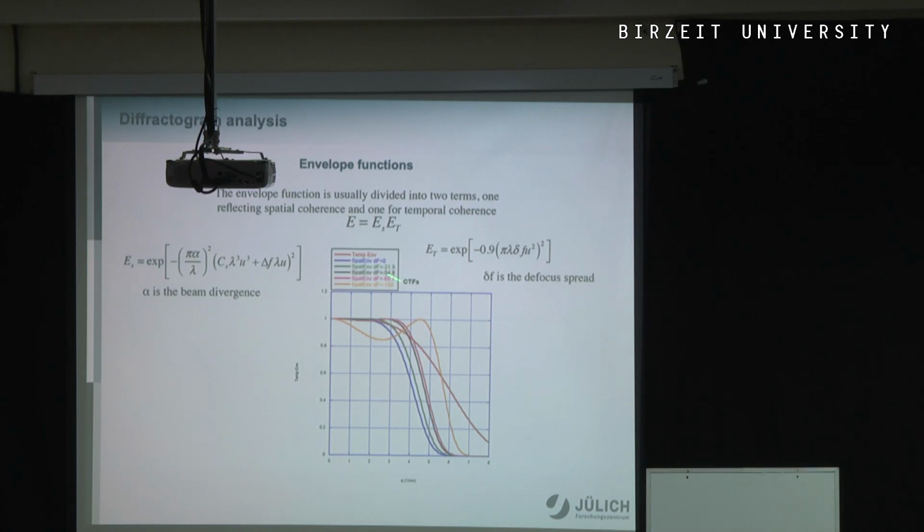And there is the temporal coherence, which corresponds to the finite energy spread of the electron source. And there's a separate term here which does not depend on defocus. There is a defocus dependence in the combined envelope function because one is multiplied by the other, and the defocus dependence comes from the term which describes the finite size of the electron source.